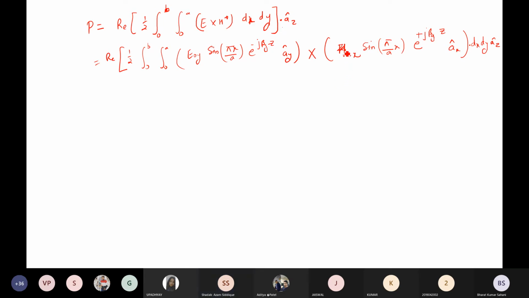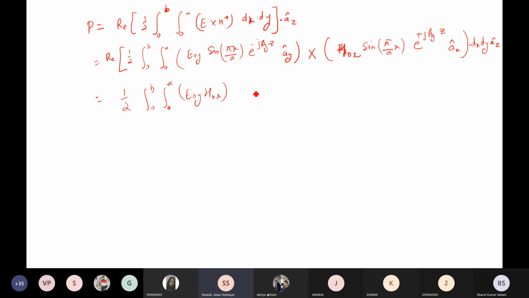Now e to the minus j beta g z crossed with e to the plus j beta g z will again vanish, and the sine term remains. So this will be half, integral 0 to b, 0 to a, e naught y and h naught x, which is nothing but a constant quantity, or you can say nothing but amplitude.